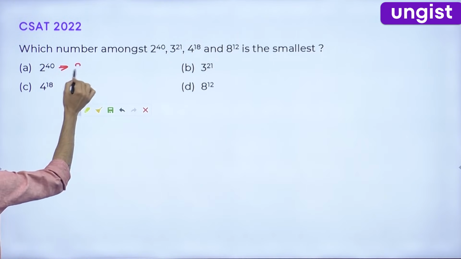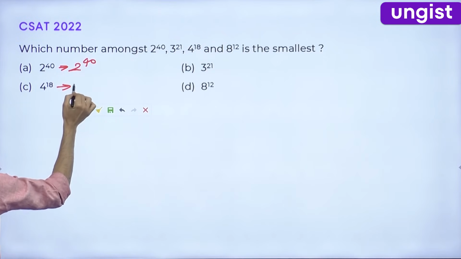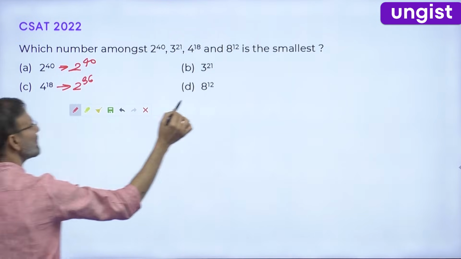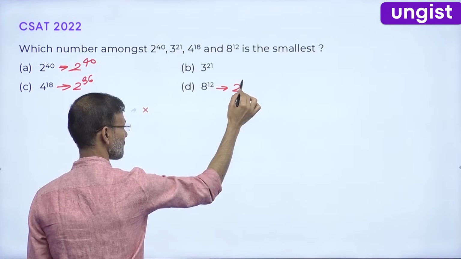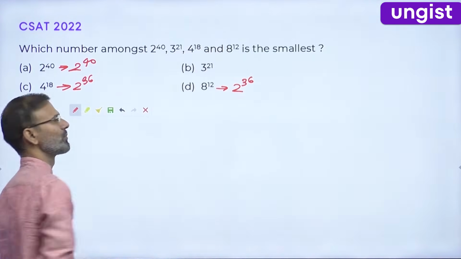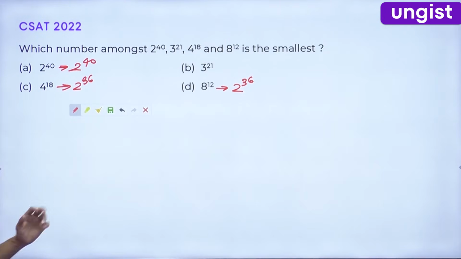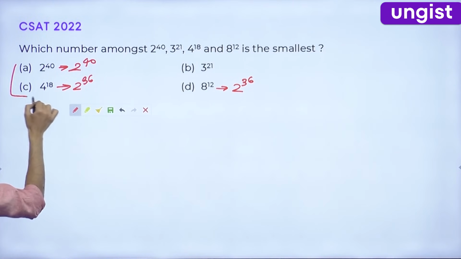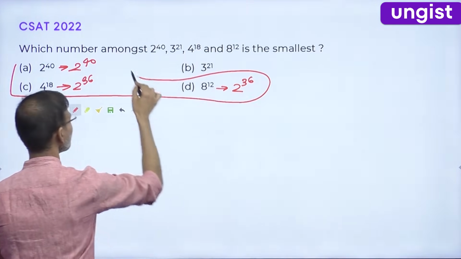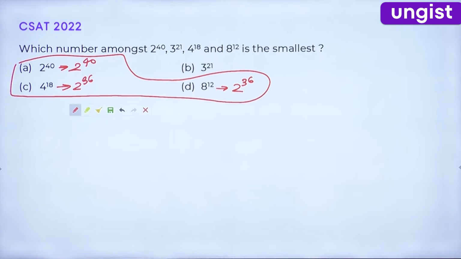This is 2 to the power 40. This is 2 to the power 36. This is 2 to the power 36. Yes or no? 2 cube raised to the power 12. Fine. So among these three numbers, A, C, D I'm talking about, which one is the smallest?